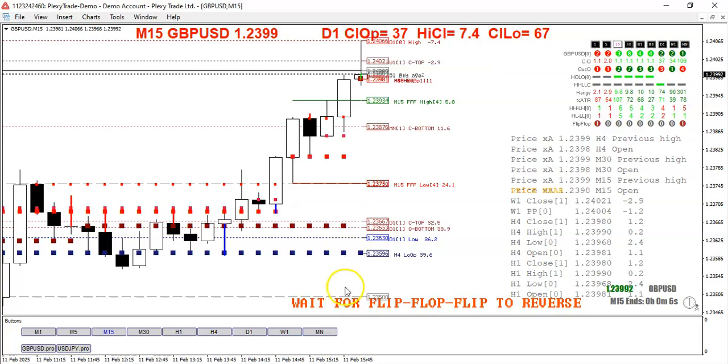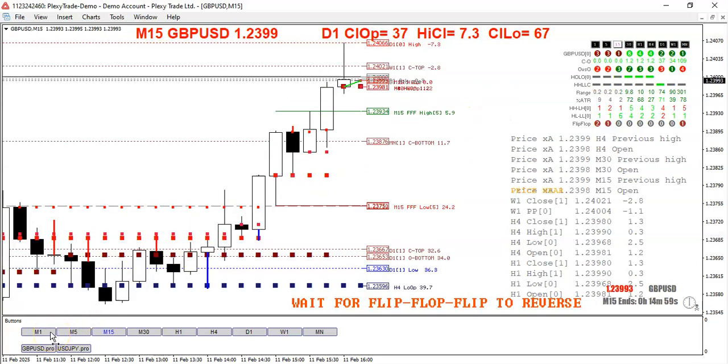And you might be wondering, why do I have this wait for flip-flop flip to reverse? Well, if you're trading on M1, and for some reason this is taking a long time to load.